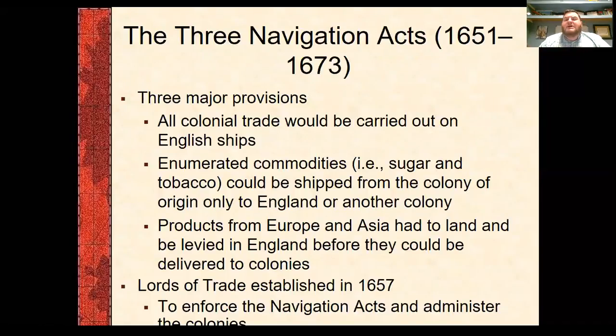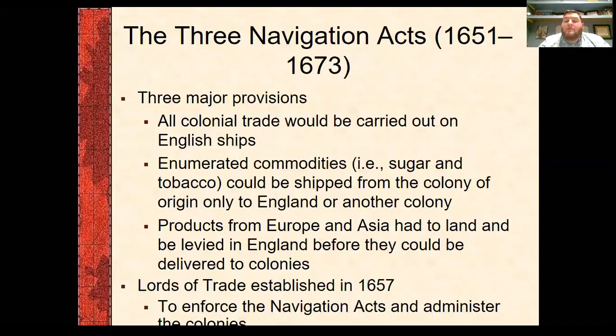We also see at this time, especially in regards to the British, a concerted effort by the Crown to really control what's going on. And the Navigation Acts deal with this specifically. One of the big things is having these enumerated commodities, such as sugar and tobacco, and saying that they can only be shipped from the colony of origin to England or another colony.